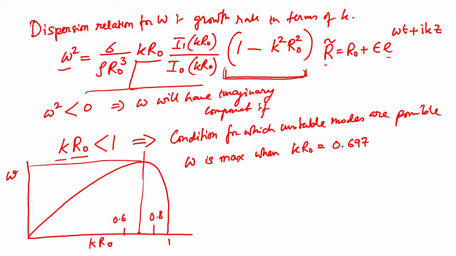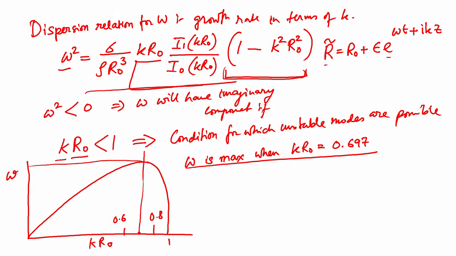And of course, if you just plot the real part of it, you see that this is max when k r 0 is equal to 0.697, and this means that the growth rate will be maximum when k r 0 is equal to 0.697.